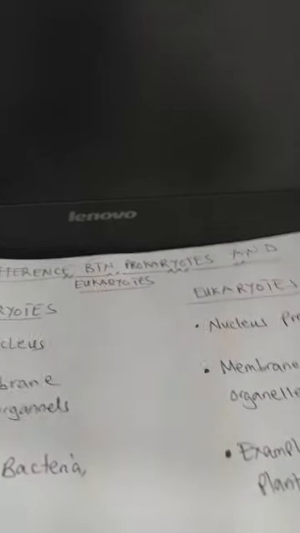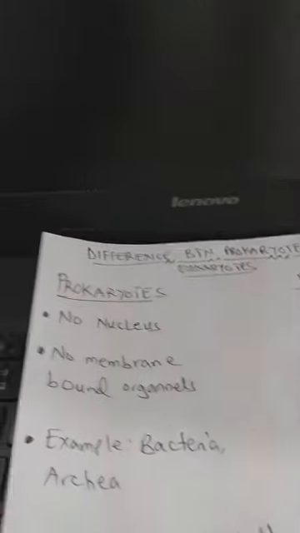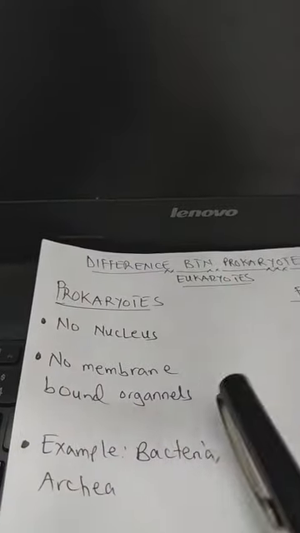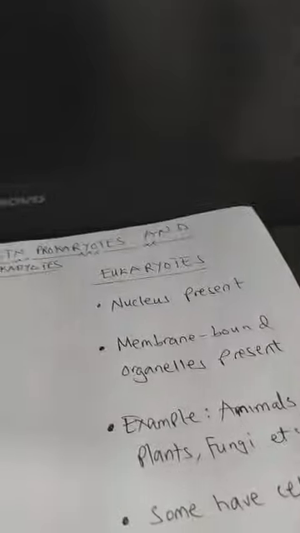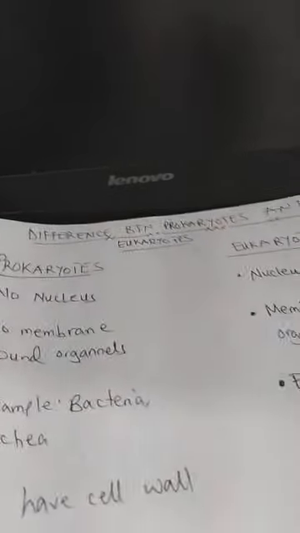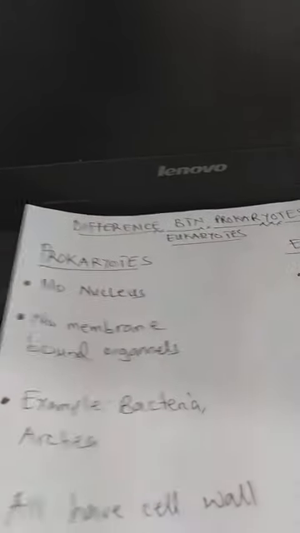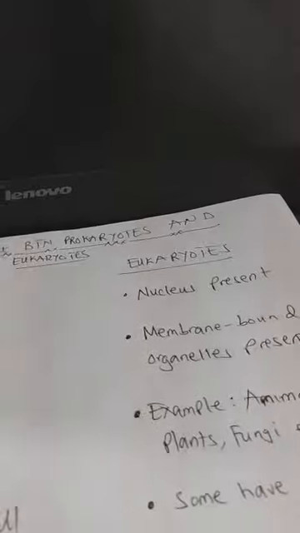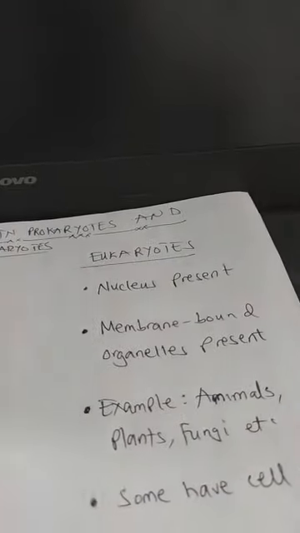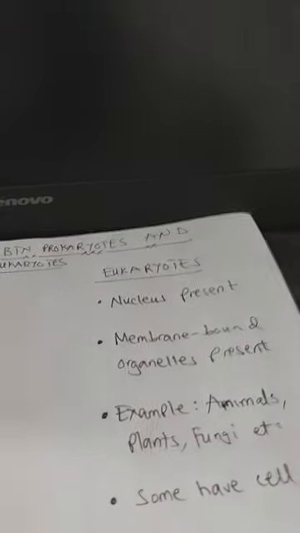Nucleus is present in eukaryotes. So prokaryotes, as we said earlier, do not have this membrane bound organelle, while eukaryotes have membrane bound organelles. Another difference is the examples: examples of prokaryotes are bacteria and archaea, and examples of eukaryotes are animals, plants, fungi, and so on.